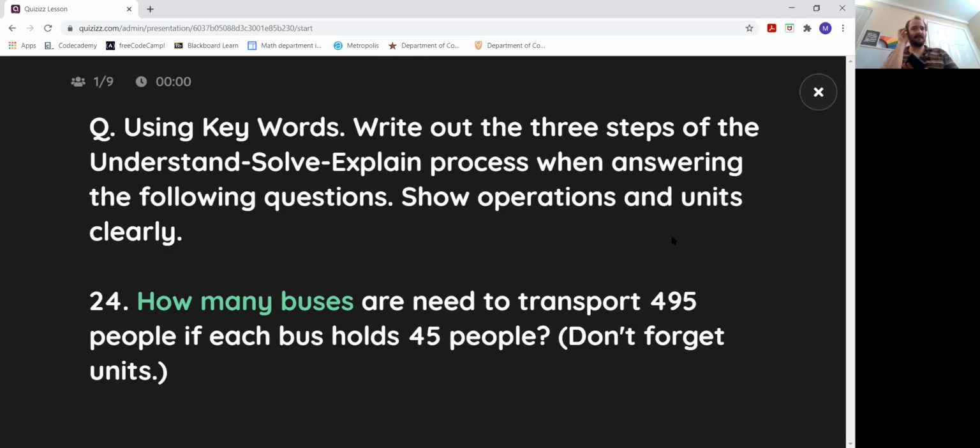How many buses are needed to transport 495 people? So you should have a number here. You should also have a space and a word. What is the unit on this thing? Would it be buses?